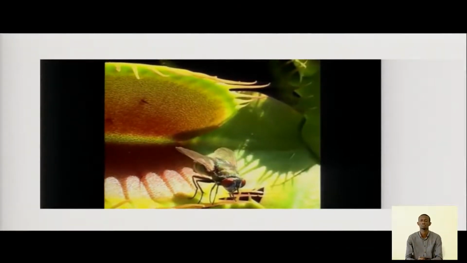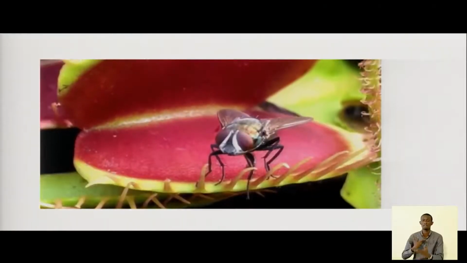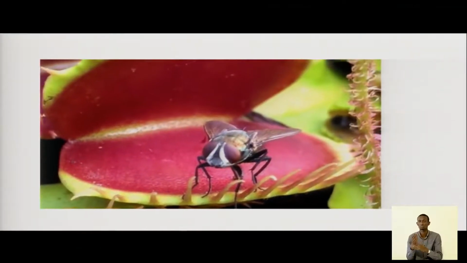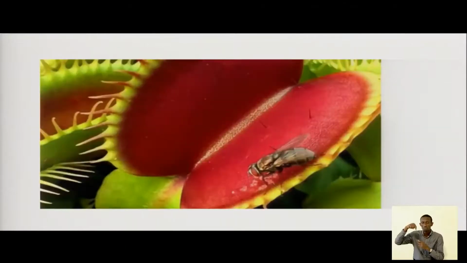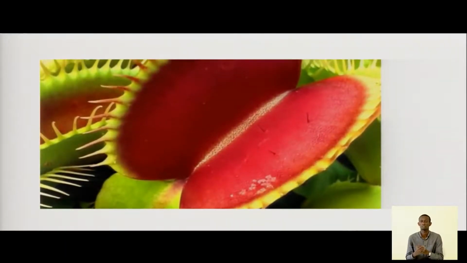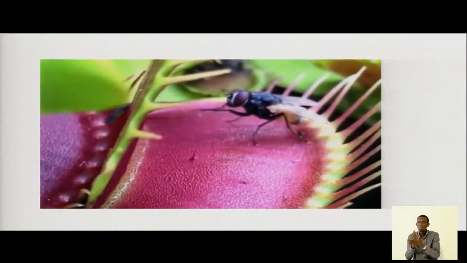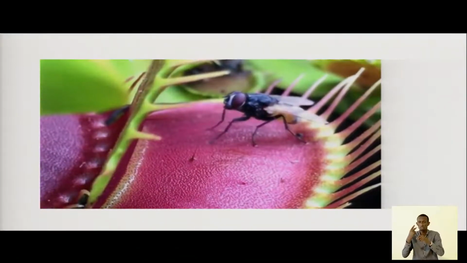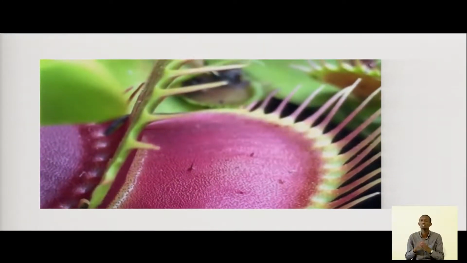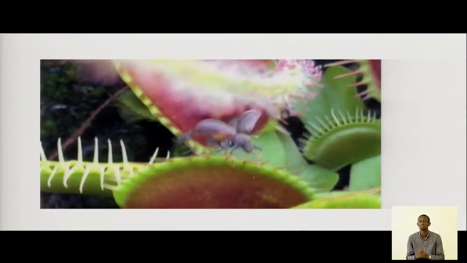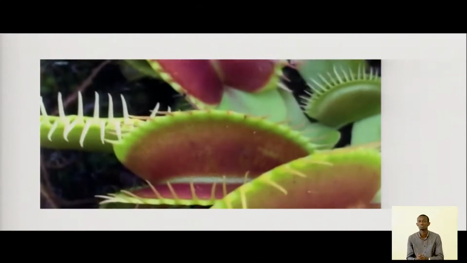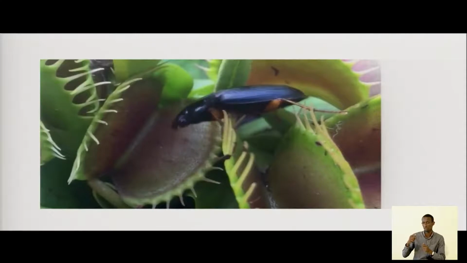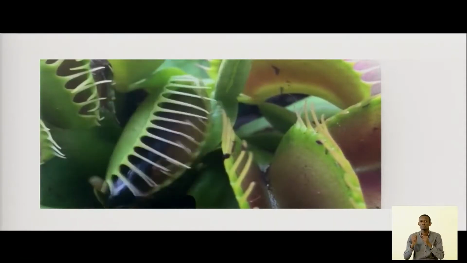As you can see, here we have the plant, and as you see inside the plant, it has some modified parts of the leaf which form traps, and when the insect comes looking for food, what will happen? That insect is likely to be trapped by the plant.